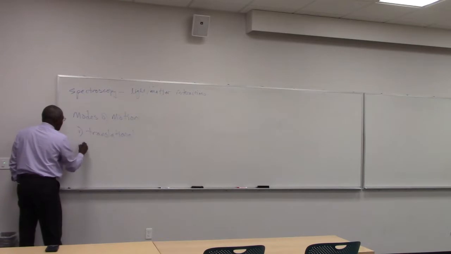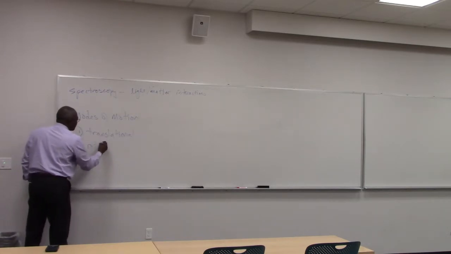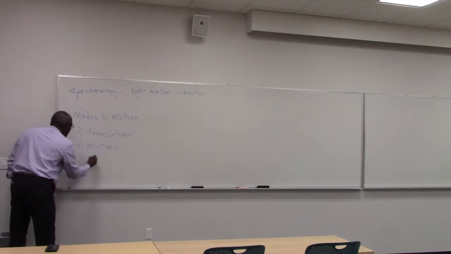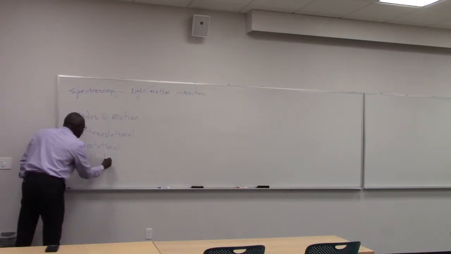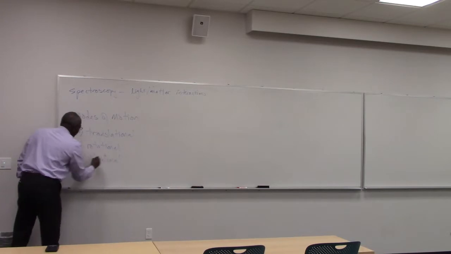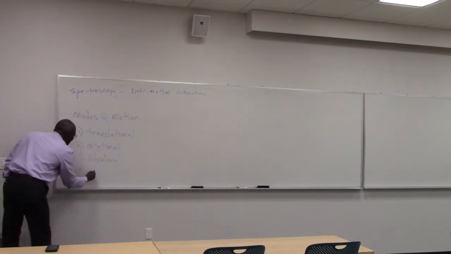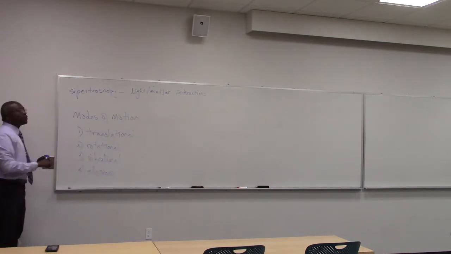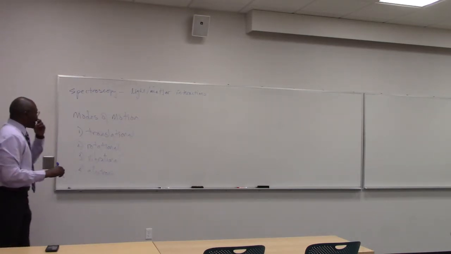There is the rotational mode. There is the vibrational mode. And then there is the electronic mode. So there are 4 modes of motion, and let me explain what these mean.